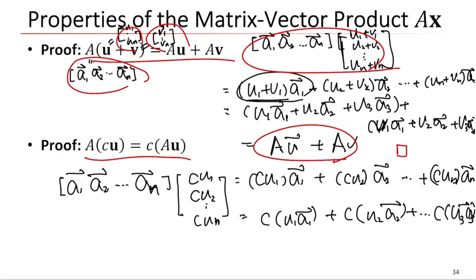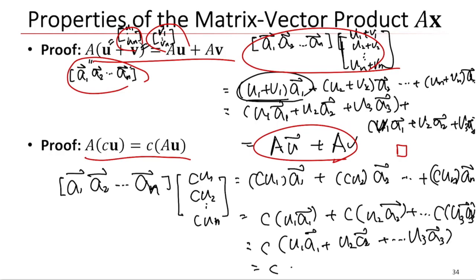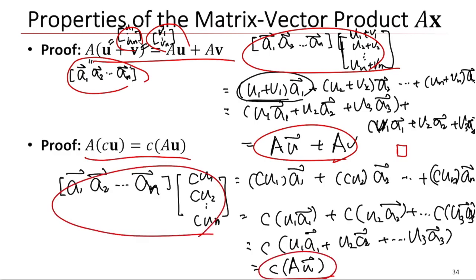So finally, c times u1 a1 plus u2 a2 plus u3 a3, right? Then c times the vector u. So this is the right hand side and this is the left hand side, so this is the proof of the second property.